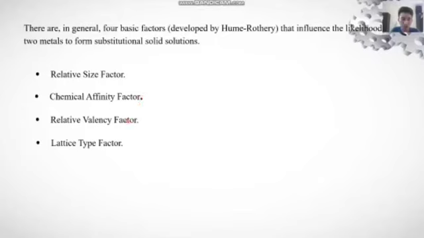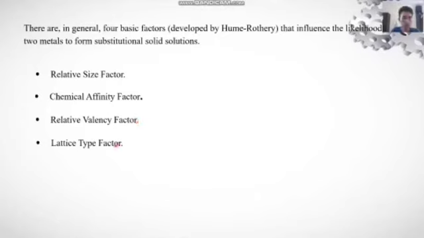Number 3, relative valency factor. If a solute atom has a different valence from that of the solvent metal, the number of electrons per atom, called the electron ratio, will be changed by alloying.